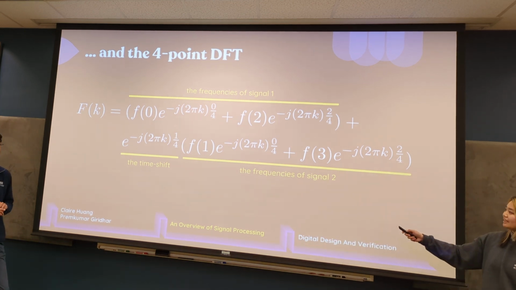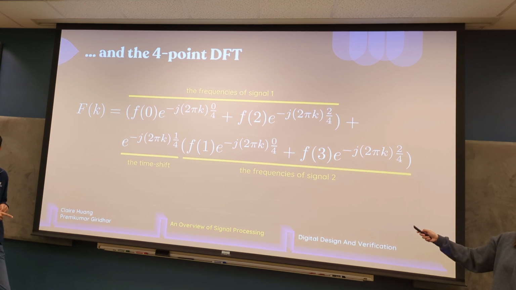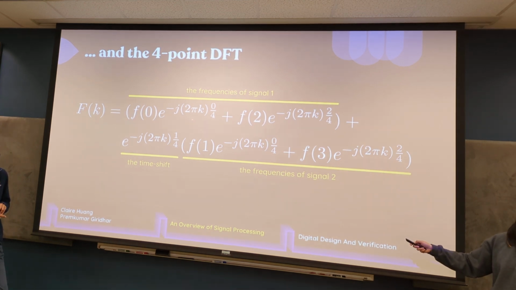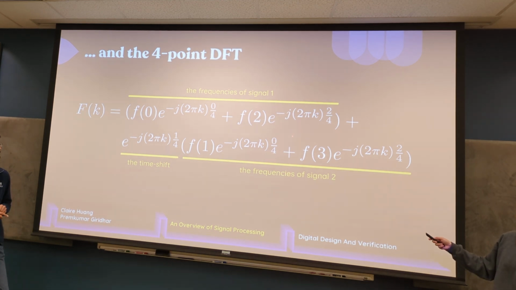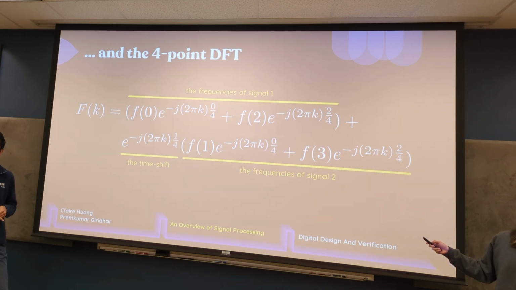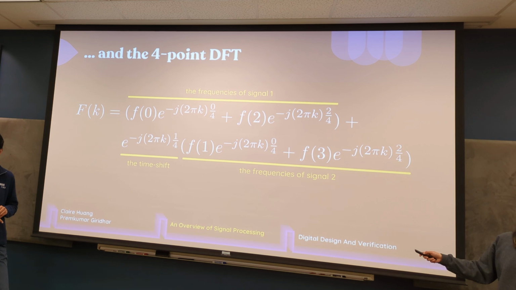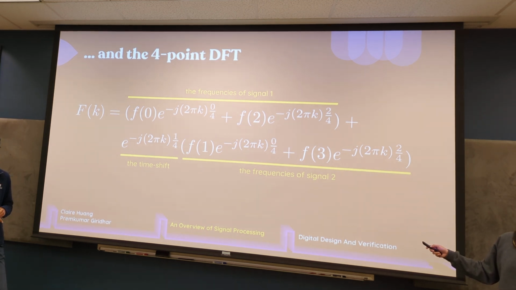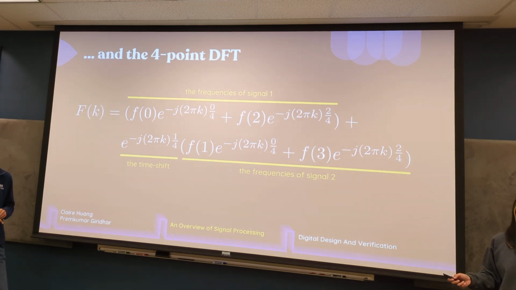So for this first one, we have our first point here, and then we have that time shift here, as we had before with the second one. This is the same thing as this top one, but with this extra time shift. So that's why it's paired like F0, F2, F1, F3.